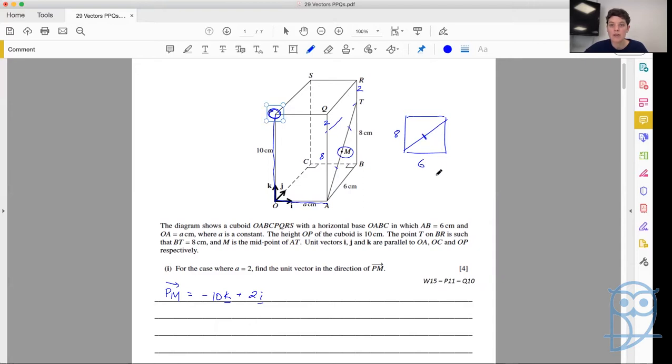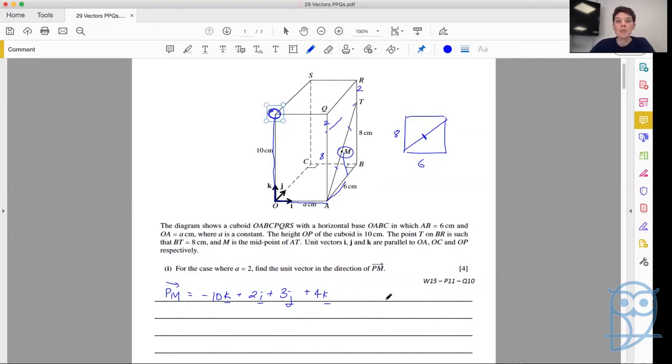We're going halfway across here, so halfway along and halfway up. So halfway along would take us plus 3j. And halfway up would take us plus 4k.